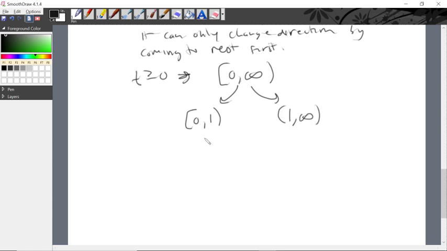Because it can only change direction by crossing through a value of time where the velocity is 0, no matter what value of t we choose between 0 and 1 to test in the function, the behavior, that is the velocity, is going to be similar throughout the entire interval.